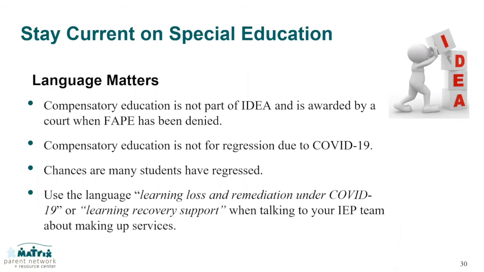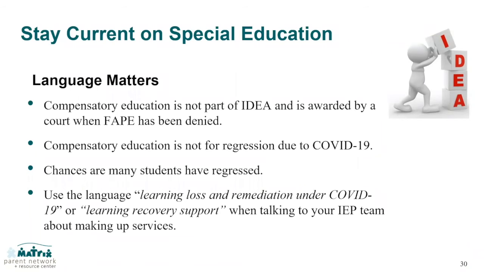But just to say that language matters if you do feel that there's been regression in your child's education due to COVID and distance learning and homeschooling. Compensatory education was a term that was thrown around a lot last April, May, not 2021, I mean 2020, when we were first in the beginning of COVID.